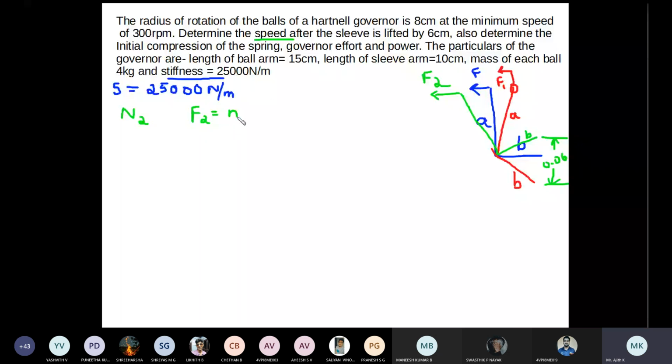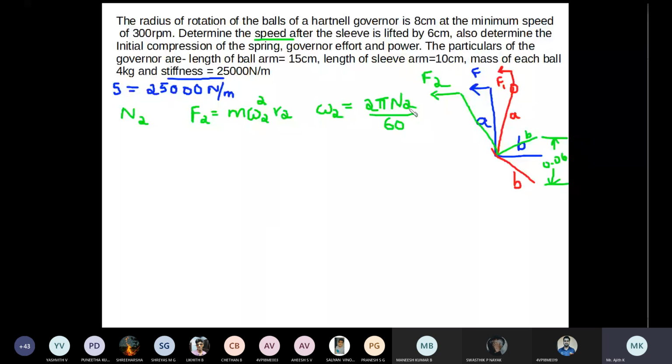F2 is given by m into omega 2 square into R2, where omega 2 is 2 pi N2 by 60. So this is the only equation to find out the N2 value.